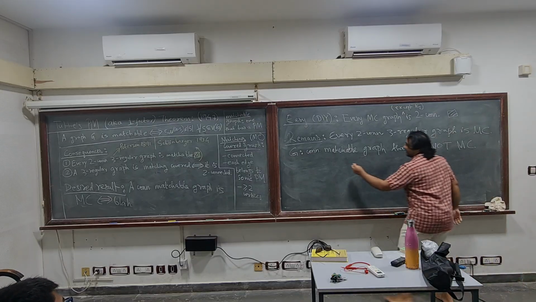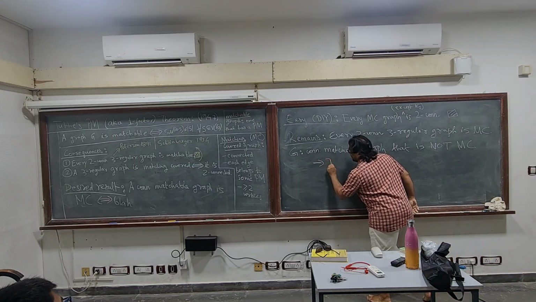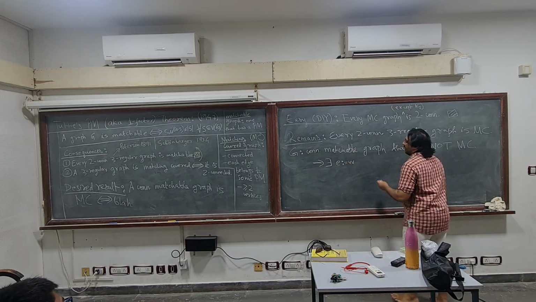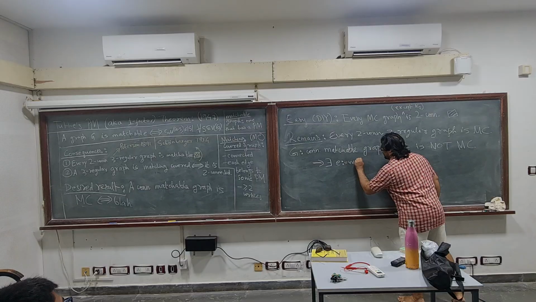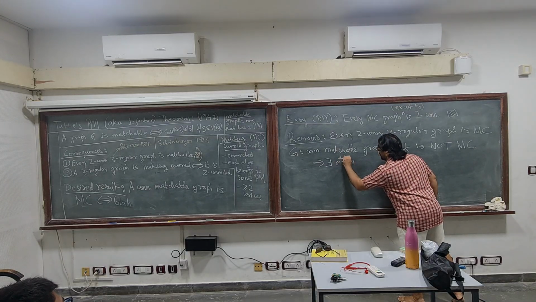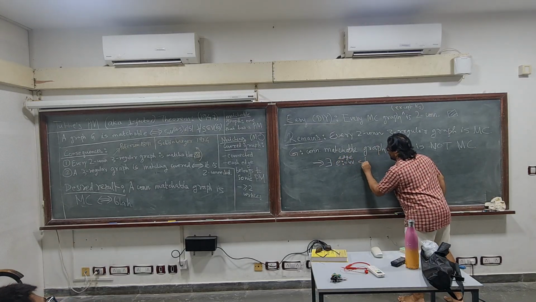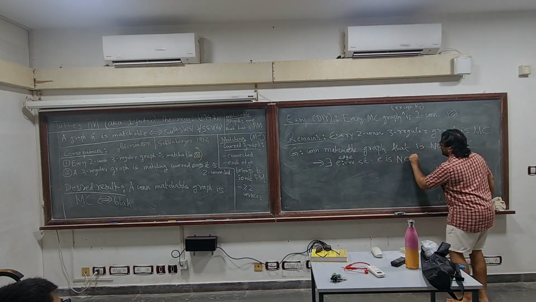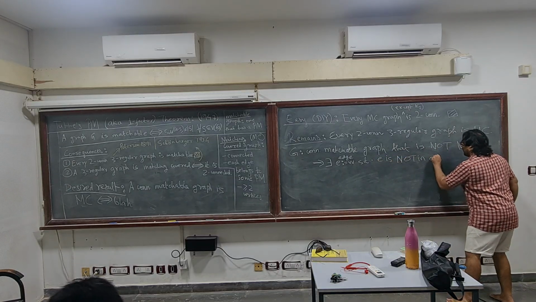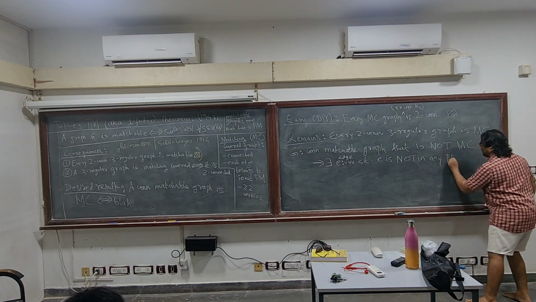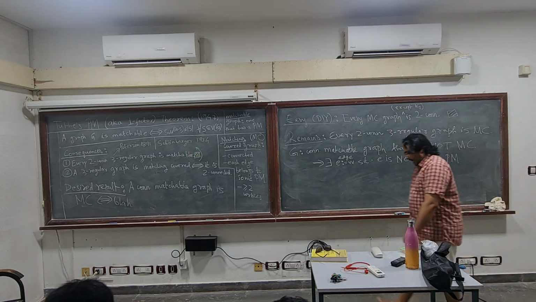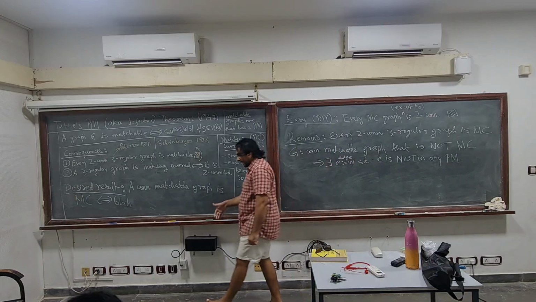This implies there exists an edge e = UV, with ends U and V, such that e is not in any perfect matching. Yeah. An edge is not in any perfect matching.